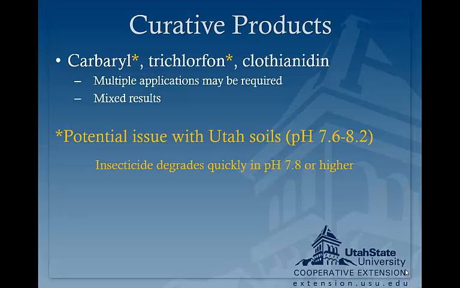There's some products that actually break down or degrade very quickly as soil pHs go above about 7.8. So as we increase pH, those products actually degrade fairly quickly. This trichlorphon, I don't know that this product is actually sold in the area. I haven't really seen it all that much here. But I know it can degrade within a couple hours really, as you start to get really high pHs. So you apply this and it's not going to last very long for soil applications.